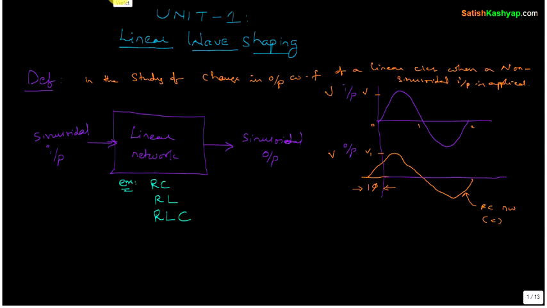And if the output is taken for the same RC circuit across the resistor, then it has a phase angle, something like phi 1. This is again the phase angle between output and input. So for the resistor, output leads input, and for the capacitor, output lags input.